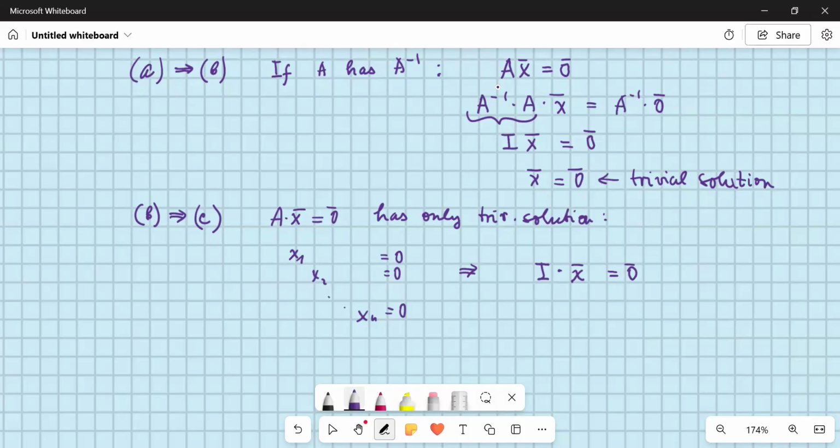It means that if you take matrix A and start doing Gauss-Jordan elimination on it, you get the first coefficient equal to 1, and all others are zeros. It's going to mean that we don't have a row of zeros. Because if we do have a row of zeros, we are going to have an arbitrary solution. Imagine that the last row is a row of zeros, meaning xn multiplied by 0 equals 0, and xn can be anything. But we don't have this. We have only the trivial solution.